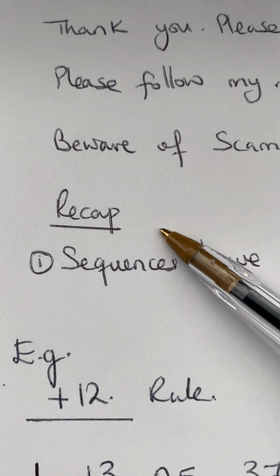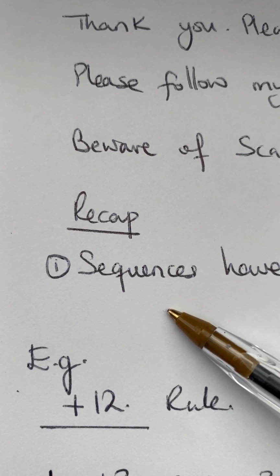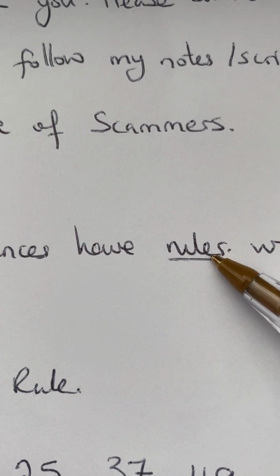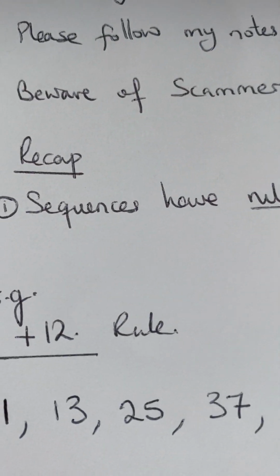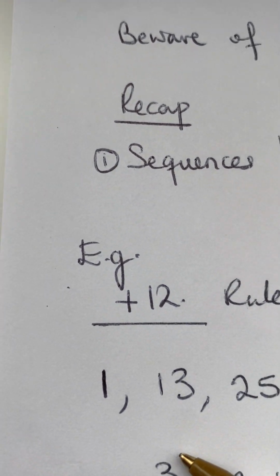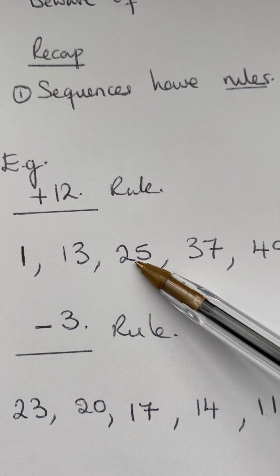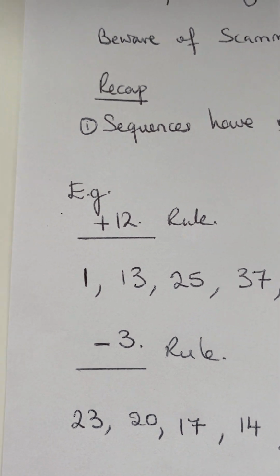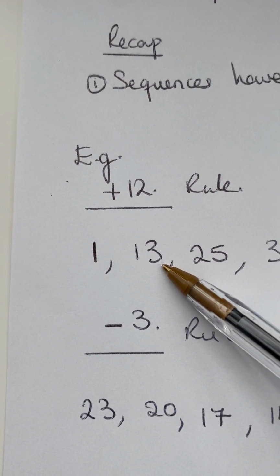Now, recap. We've done 2 lessons so far on sequences, and we've seen that sequences have rules that we need to deduce. For example, the sequence 1, 13, 25, 37, 49. The rule is add 12.